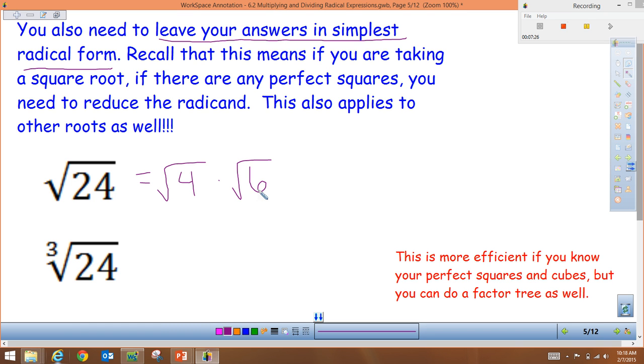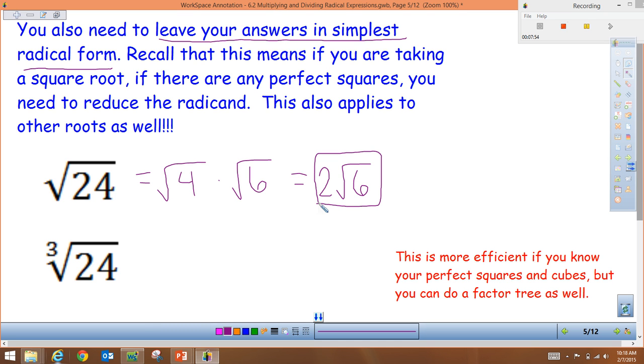It's also going to be helpful to try and memorize them because you won't be getting these charts on your tests or quizzes. So, square root of 4 we know is 2. We cannot take the square root of 6, so we're going to leave that underneath the radical sign, and that's going to be our final answer.